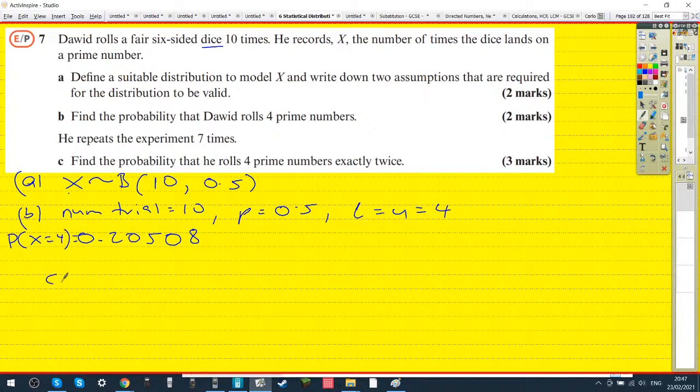Part C. So would the number of trials be 7? Yeah. Probability would be 0.20508. Mm-hmm.